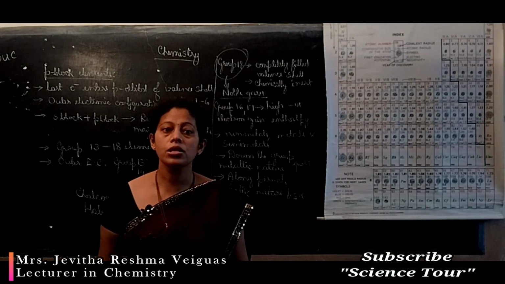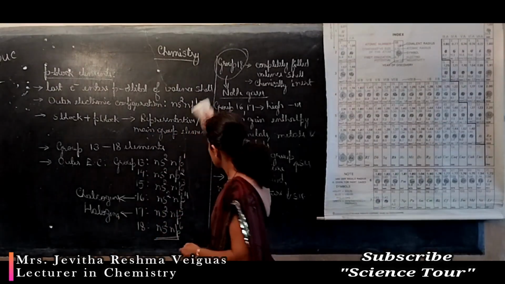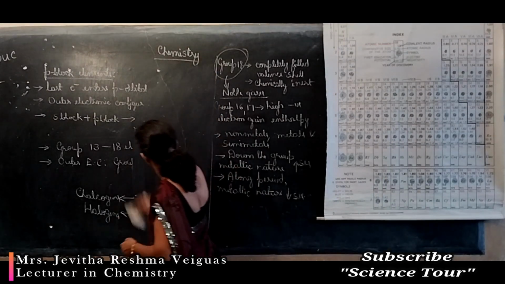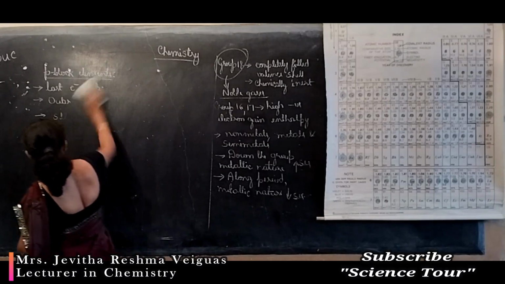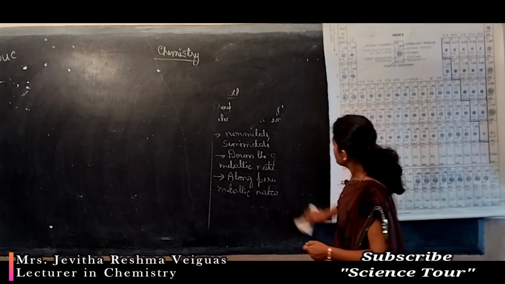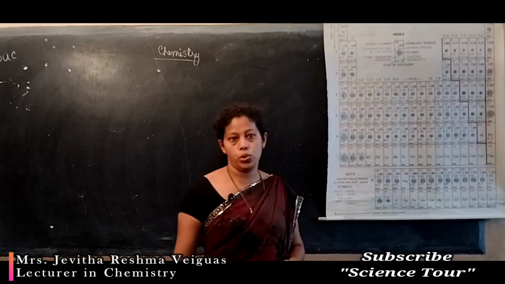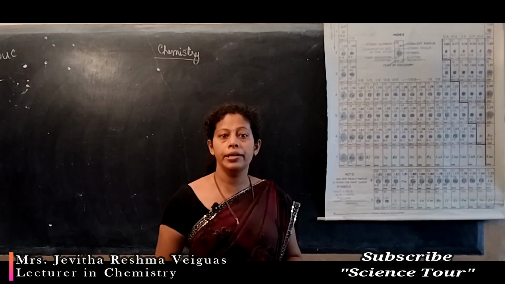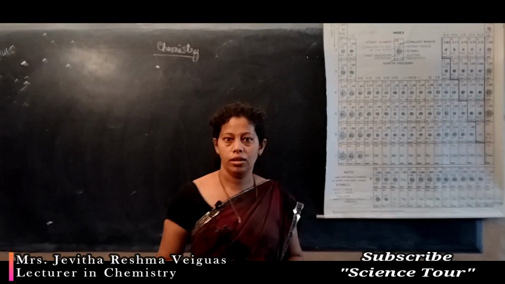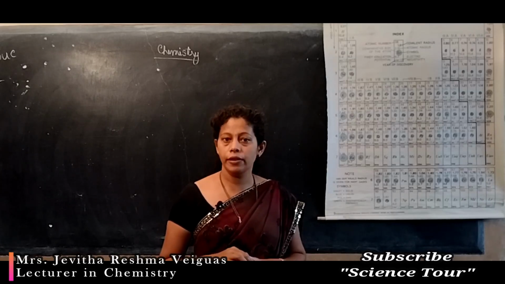Next, let us know a few things related to D block elements. Now we already know what S block and P block elements are. S block elements are those in which the last electron enters the S orbital of the valence shell. P block elements are those in which the last electron enters the P orbital of the valence shell.